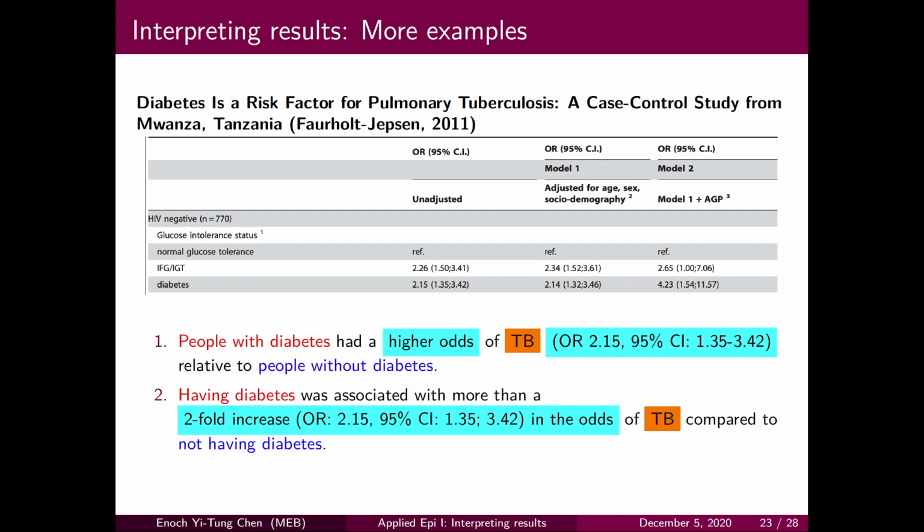Another way you can interpret it is that having diabetes was associated with more than a twofold increase, because the odds ratio was 2.15, in the odds of tuberculosis compared to not having diabetes, that is the unexposed group.